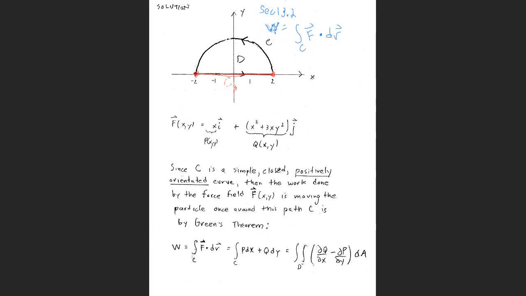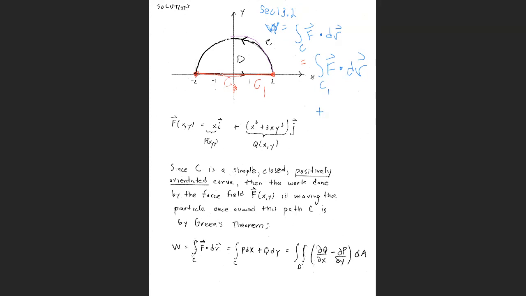We could call that C1. So we'd have one line integral across C1, but would we need a second line integral? We would.